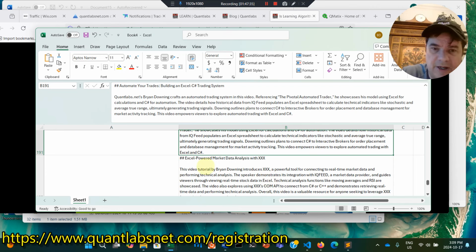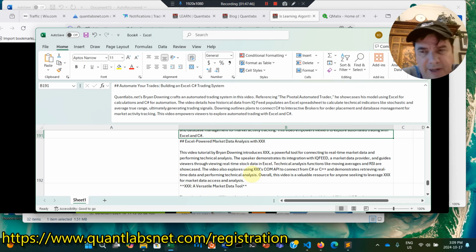Another one for Excel. Excel-powered market data analysis with that plugin or add-in. A powerful tool for connecting real-time market data and performing technical analysis, all within Excel. It demonstrates the integration of IQFeed, a market data provider, and guides viewers through viewing real-time stock data in Excel. Can you imagine? No programming needed. Technical analysis functions like moving average and RSI are showcased.